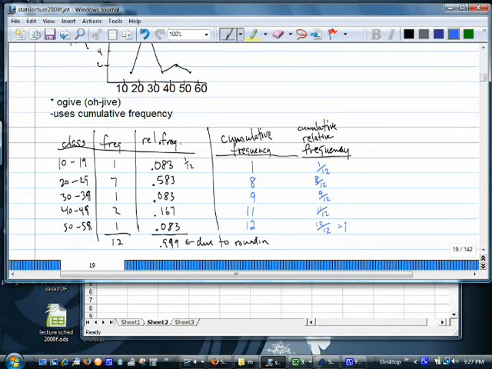So we now know what cumulative frequency is and how to find it. So now we can make the picture. The picture for an ogive is just a frequency polygon, but using cumulative frequencies. So it's just this.